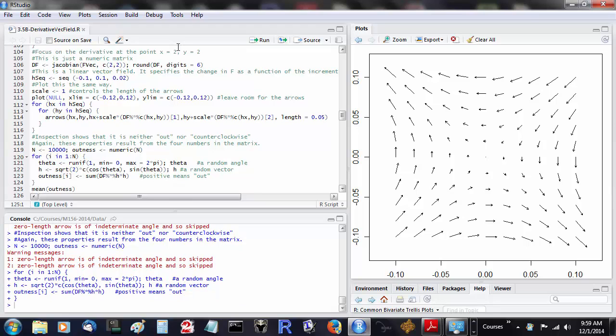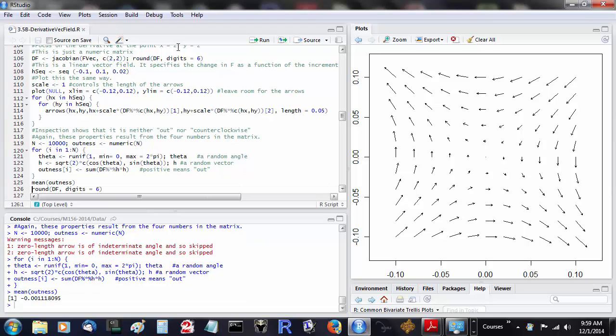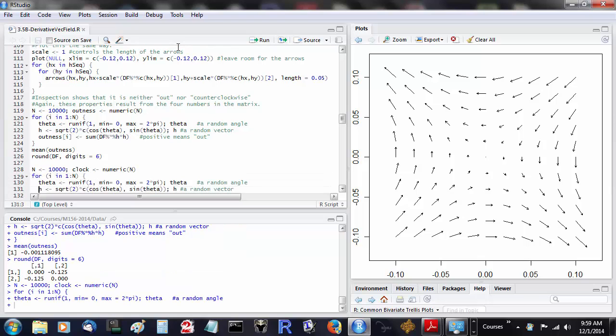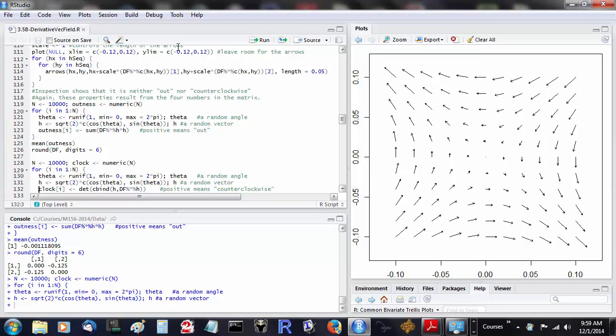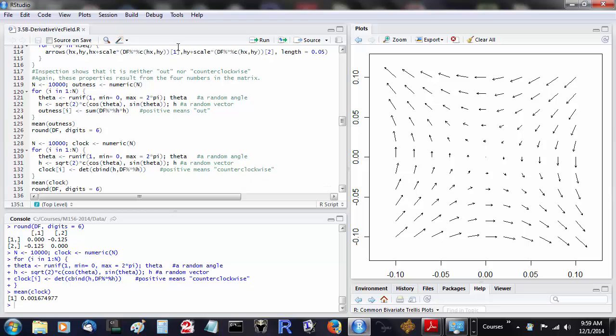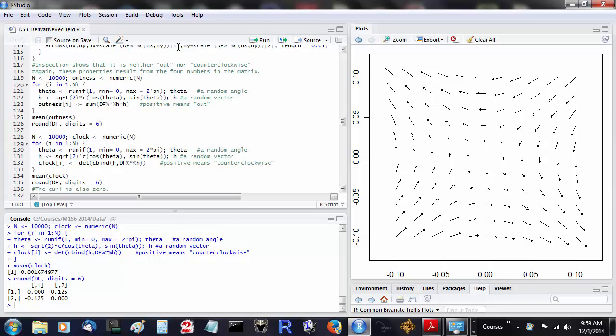We repeat the computation of the divergence, averaging over 10,000 random vectors. The average is very close to 0. We form the determinant of the matrix whose left column is h, whose right column is df acting on h. Take the average of that. It's also close to 0.